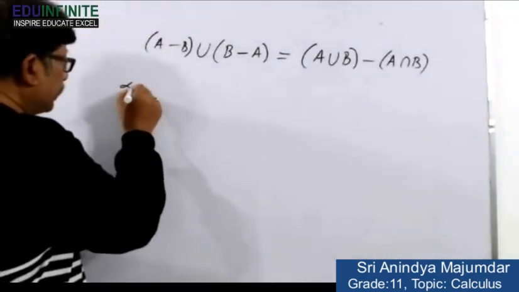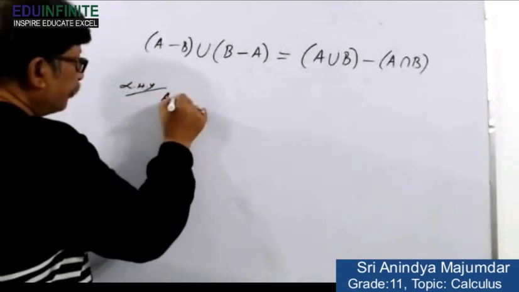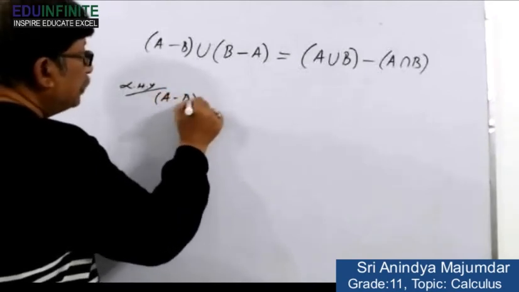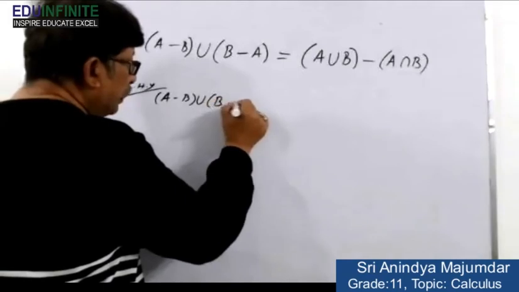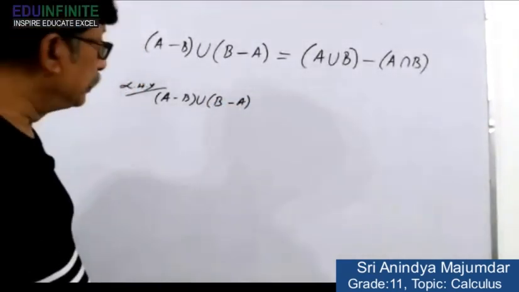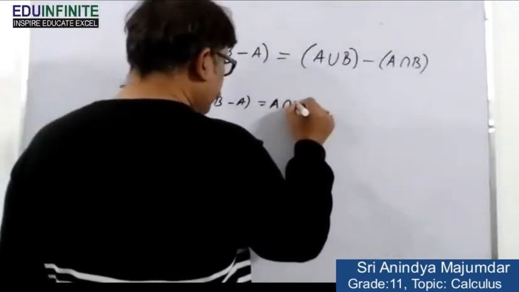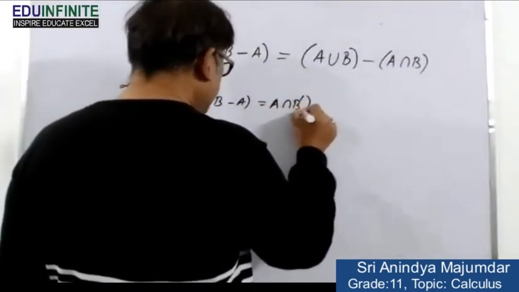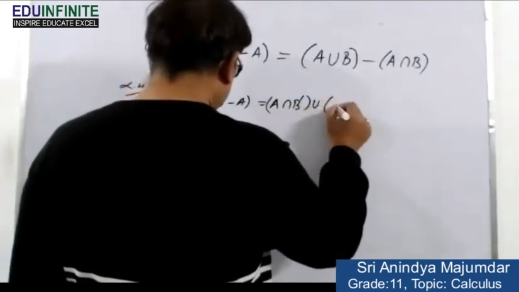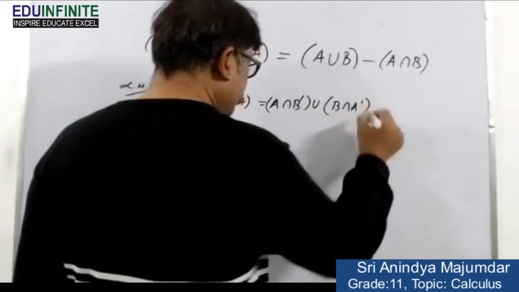I'll start with the left-hand side. A difference B union B difference A. I want your support so that this is A intersection B complement union B intersection A complement.